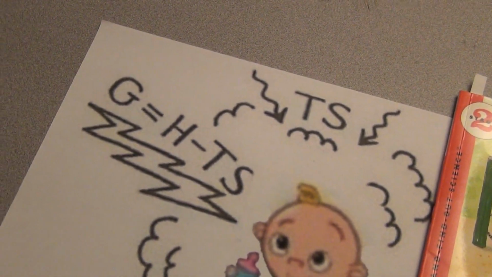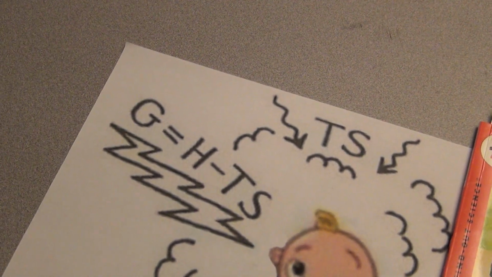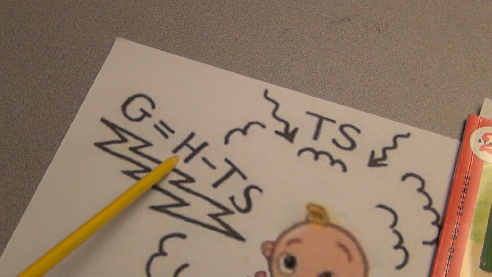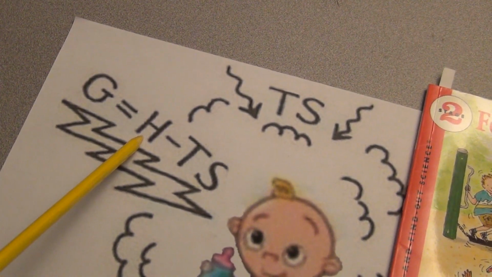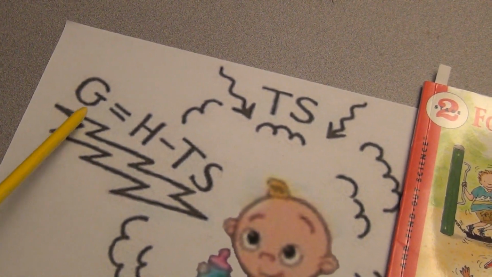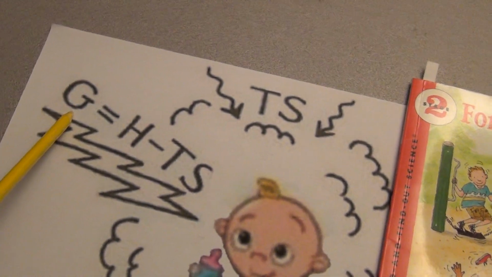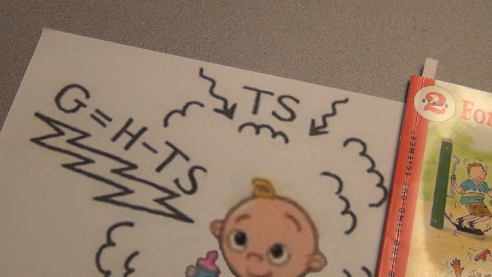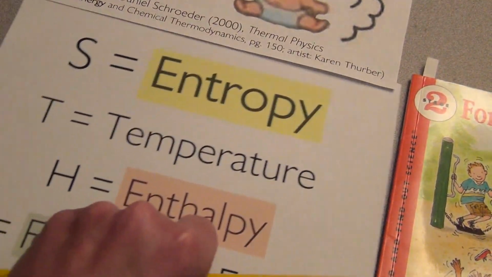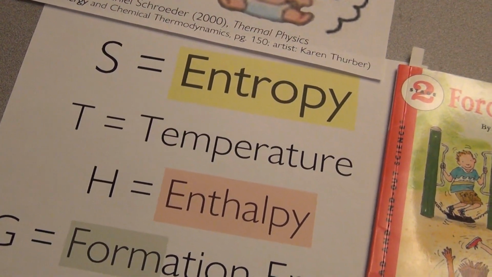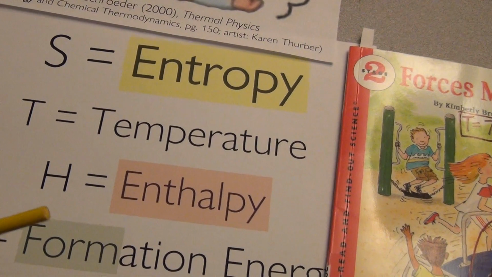Now over here we have some new types of energy. This is called H, which is called the enthalpy, and G is called the formation energy. Here are the words.